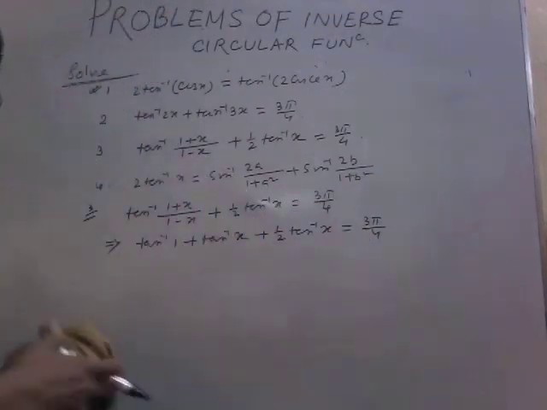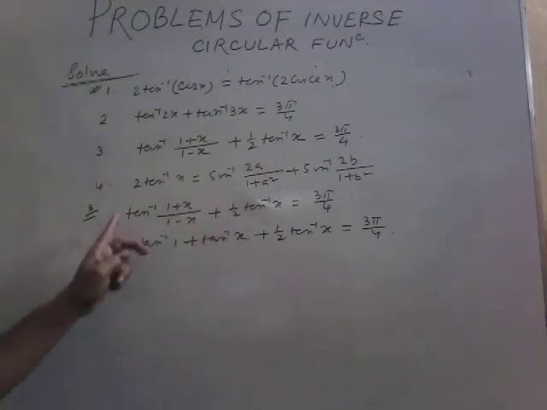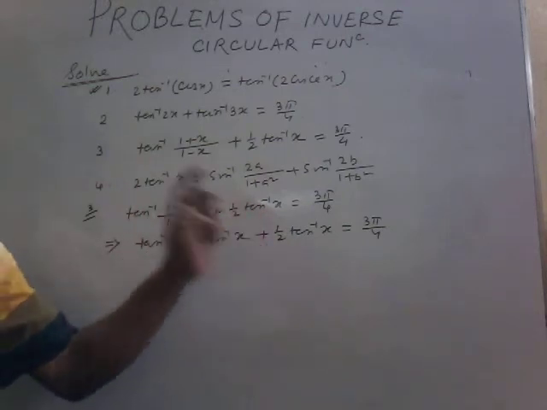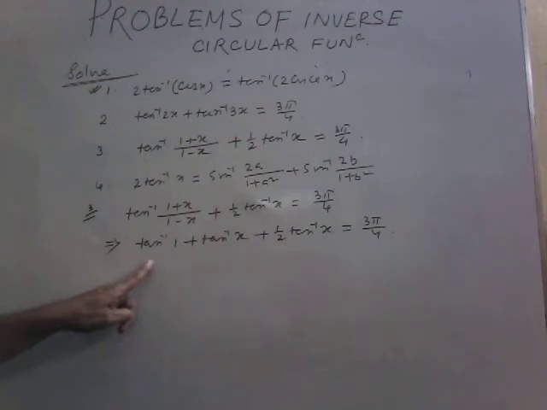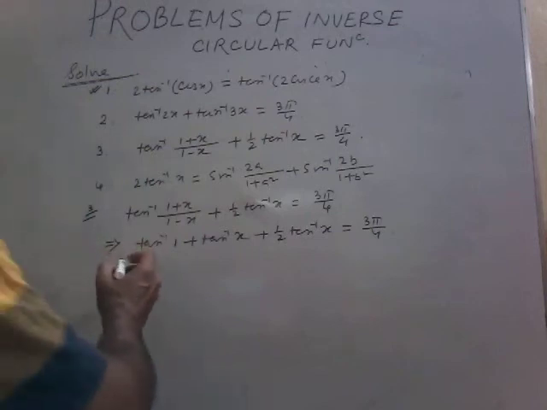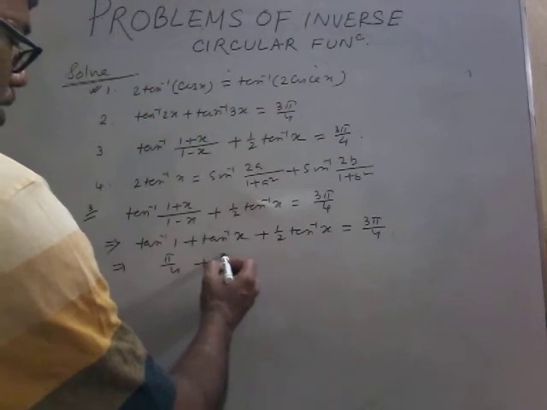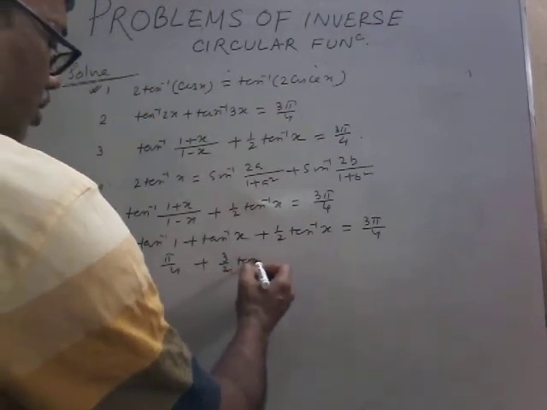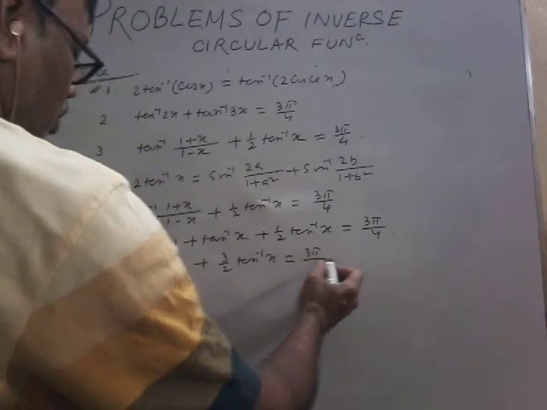Look at the step. Tan inverse x here has a half, so you cannot directly use tan inverse x plus tan inverse y. But this one can be written as a sum of 2 tans. This is the compact form, this is the expanded form. So what you are getting? Look, this is pi by 4. This is 3 by 2 tan inverse x equals 3 pi by 4.